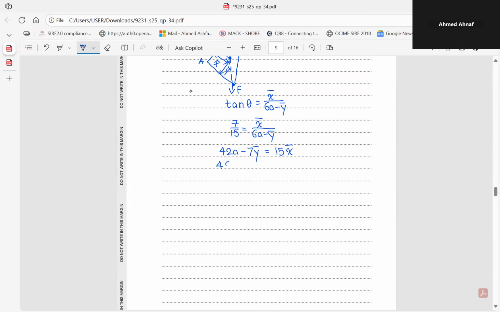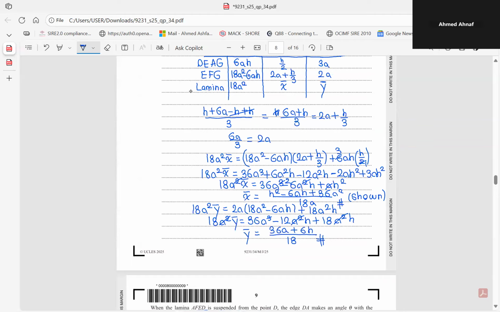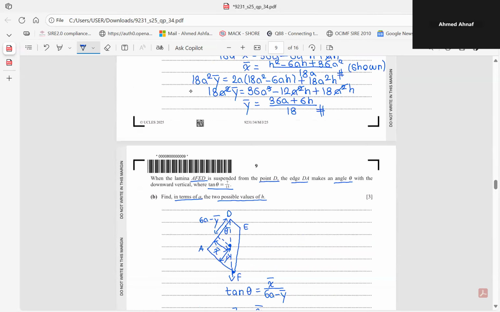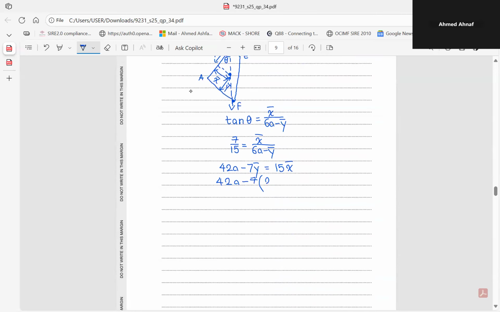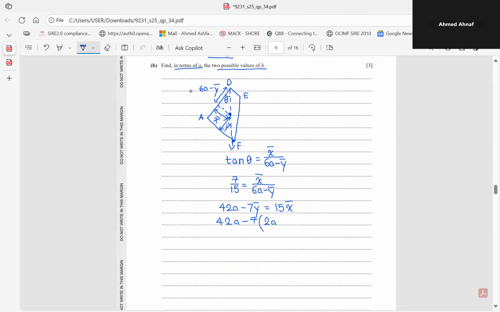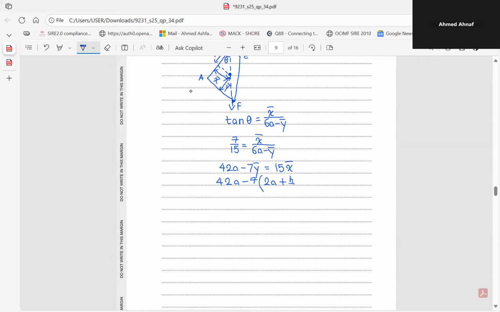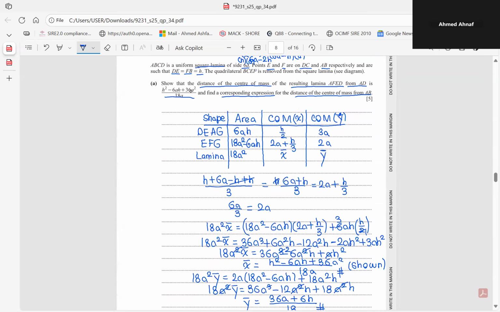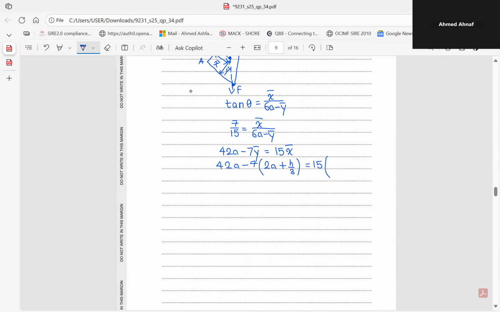So 42a minus 7 times y bar. So y bar is 36a over 18, that is 2a, plus 6h over 18, you would get plus h over 3 equals 15 x bar. So x bar is the result we proved in the earlier part.